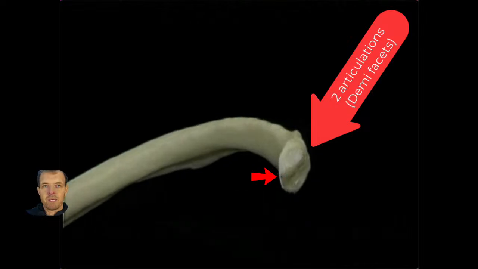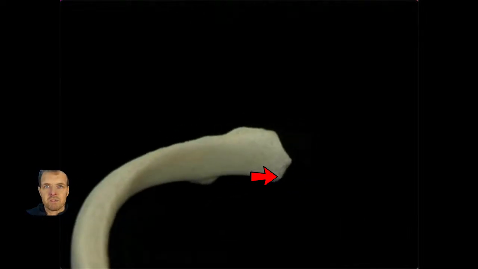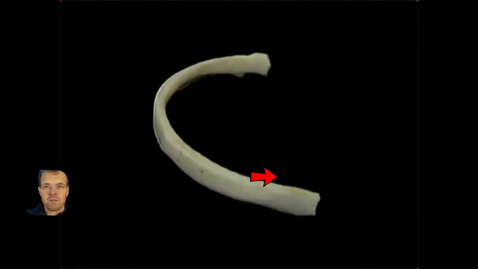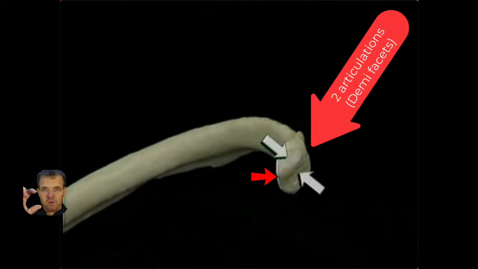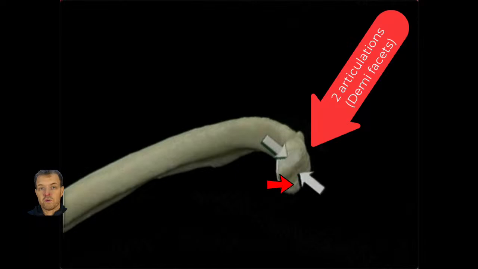So we've got this demi-articulation. Do you remember I was saying that we've got the top part of one vertebra, and the bottom part of another one is where the rib attaches? It sits halfway in between the two. If you look at the shape of the joint, it's got two grooves in it.